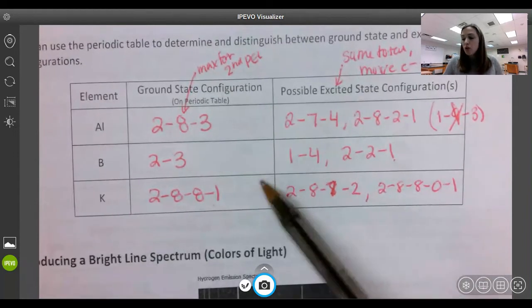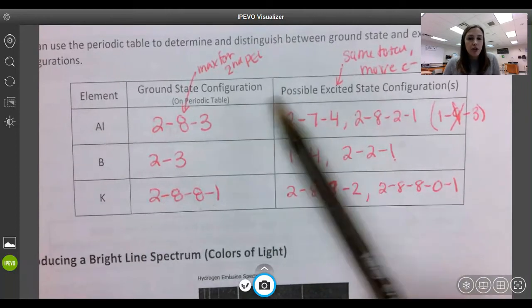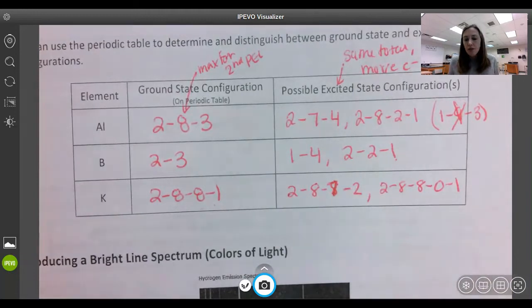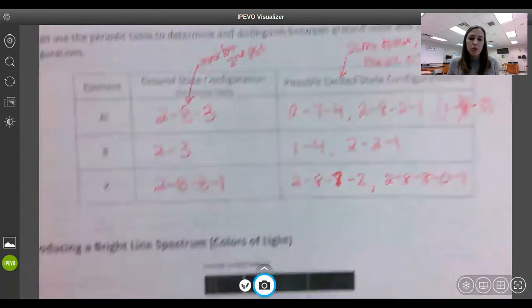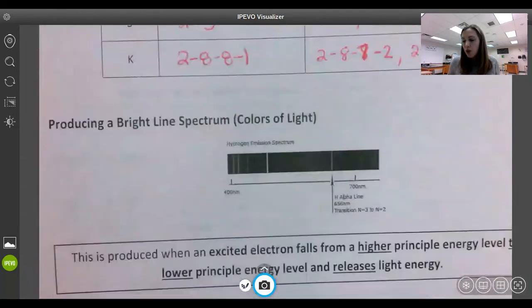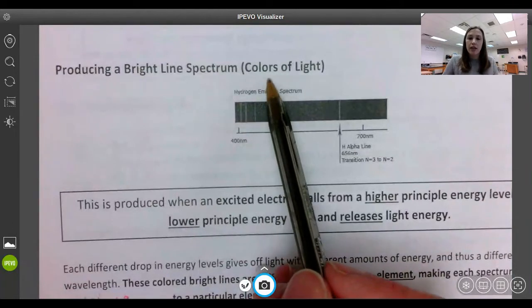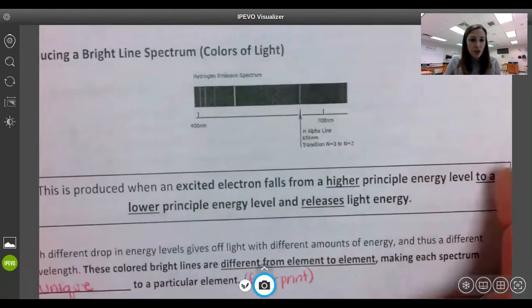Okay, so you want to be able to talk about ground state and excited state, and then also be able to come up with different configurations that apply to the ground state, which is your periodic table configurations, and those excited states. So one way that we know that this is occurring has to do with bright line spectrums. So elements produce bright line spectrums, or they emit colors of light or wavelengths of light based on this movement of their electrons.